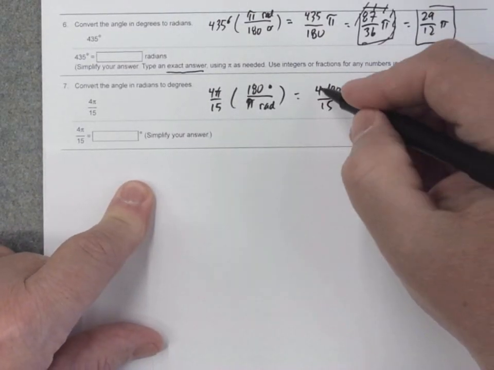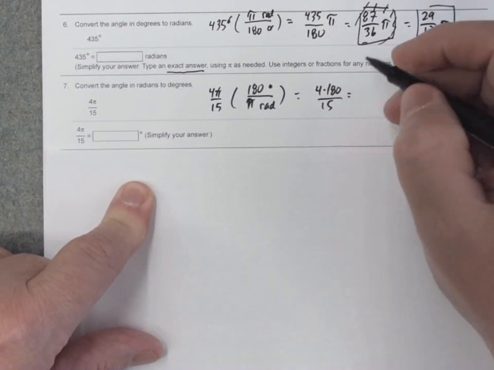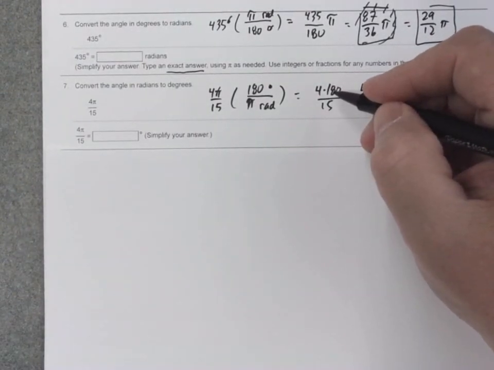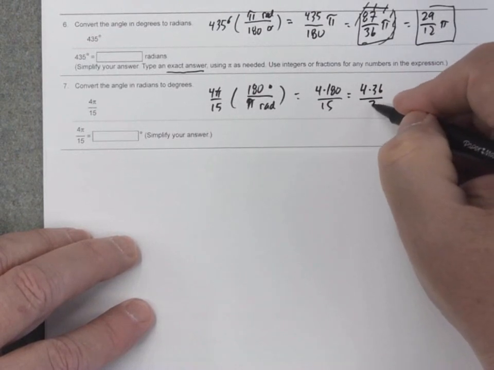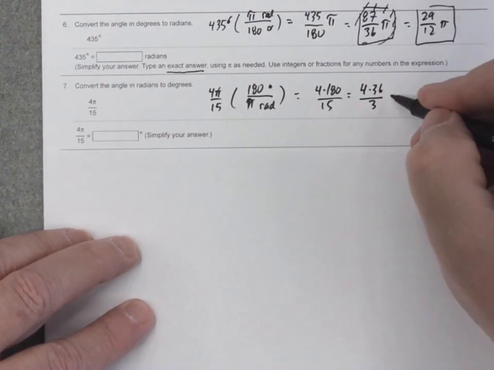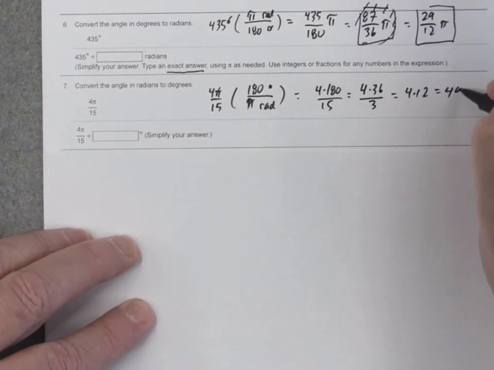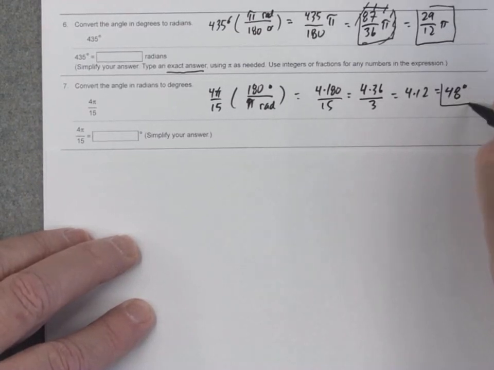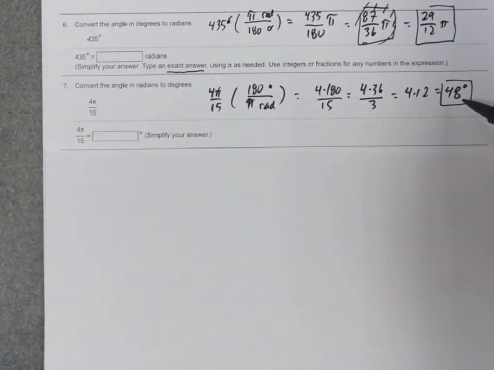You could multiply this out and then divide, but I'm just going to divide 180 and 15 by 5. Just to make sure I don't mess up, I won't do it in my head. It's 36 over 3, which is 12. So when it's all said and done, 4 pi over 15 equals 48 degrees.